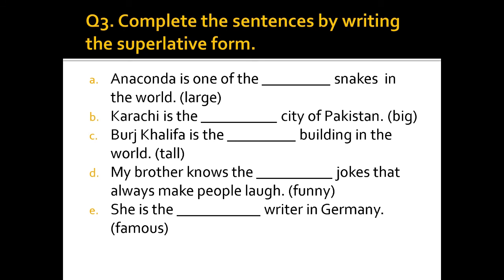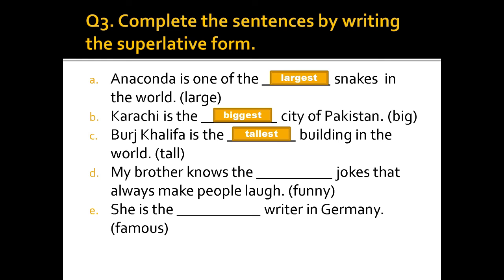So class, what you have to do is change all these positive adjectives into superlative forms of adjectives. So class, we have to change large into superlative form, that is largest. See the B part. Karachi is the biggest city of Pakistan, as big will become biggest. Burj Khalifa is the tallest building in the world. You can see tall will become tallest. Now see the D part.